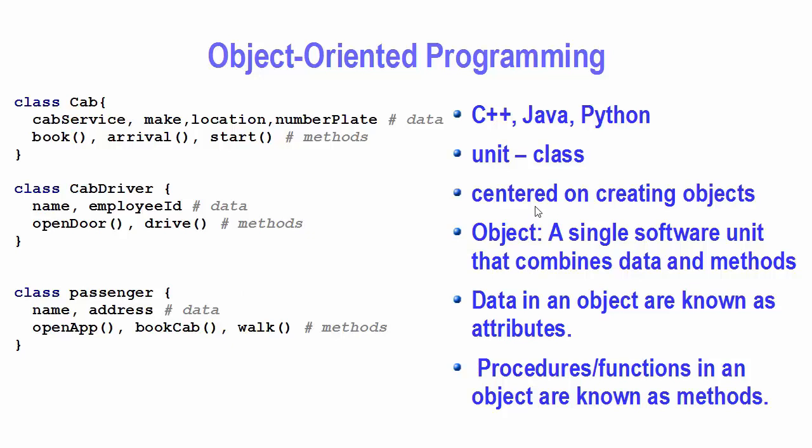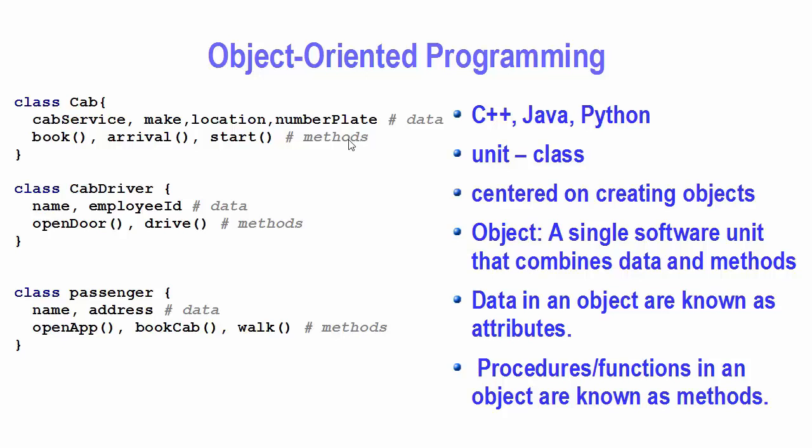So let's rewind once again what we have learned about object-oriented programming. The basic unit in object-oriented programming is a class, and a class refers to a blueprint which can have the data and methods. Now using a class we can create objects.